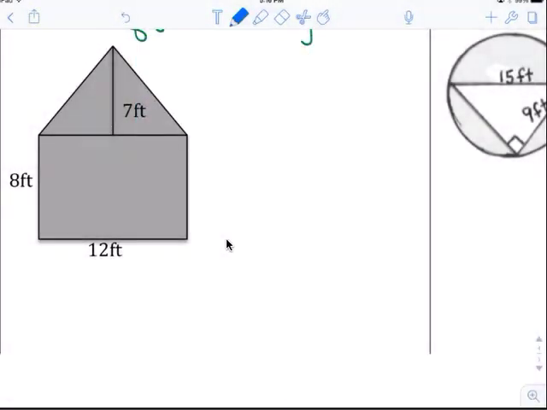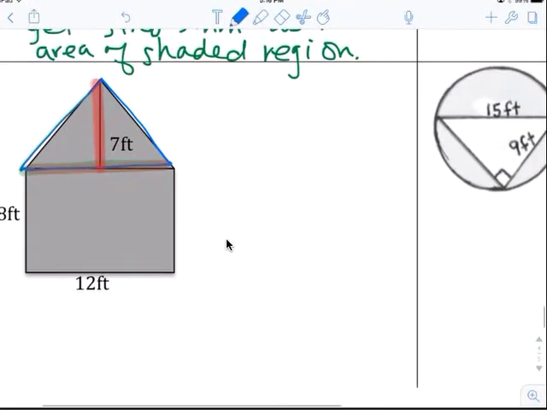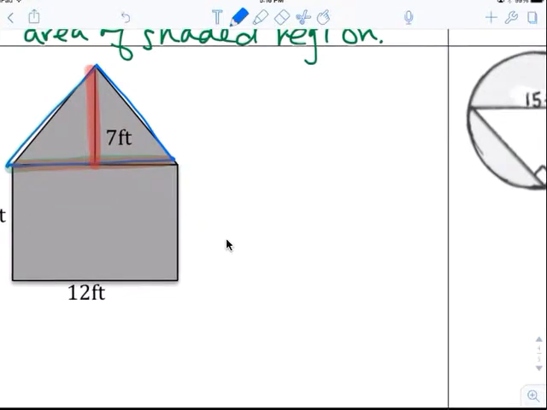I think we did this in class, just in case you didn't get it in class. You first find the area of this triangle. This is called its length, and this is called its width, or base times the height. So, area of the triangle, this is 12.